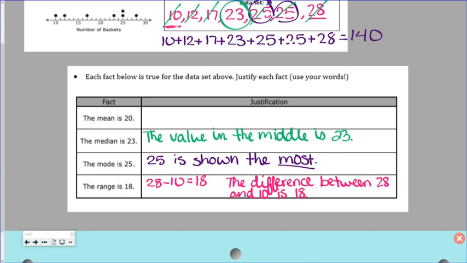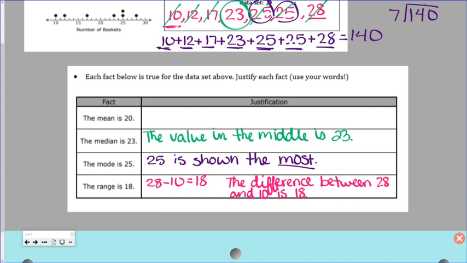So that's our total, and then we need to divide that by how many data points we added up. So we added up 1, 2, 3, 4, 5, 6, 7. So we're going to take 140 and divide by 7. 7 doesn't go into 1. So then we look at 1 and 4. Does 7 go into 14?